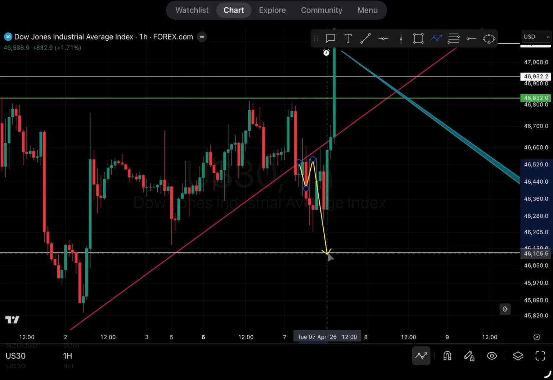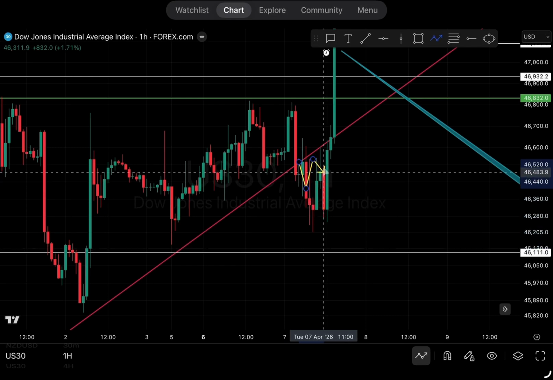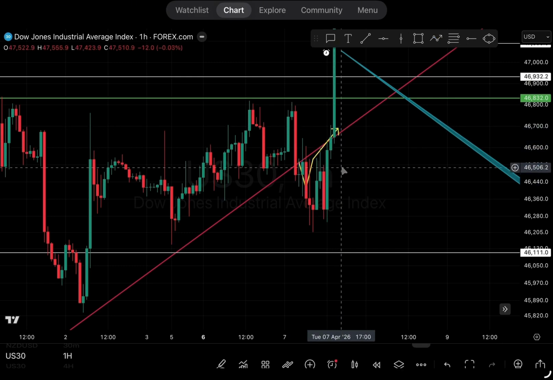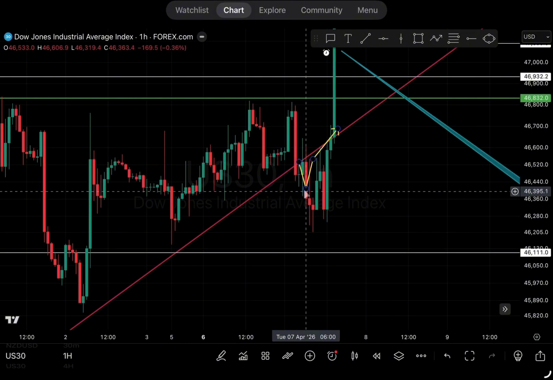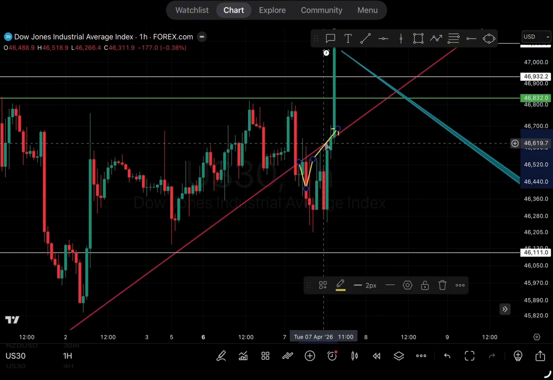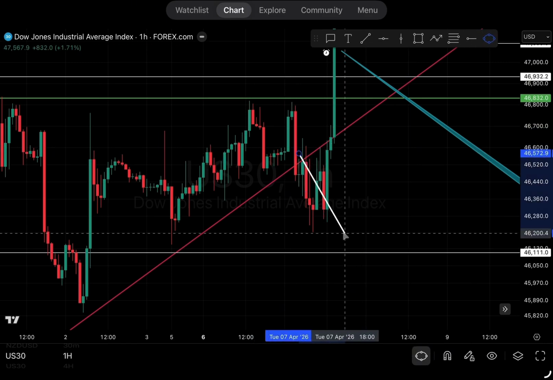But guess what? Instead of the market heading down, it headed down to right here. Then it reversed back into the market. Right, so is this a breakout? Or is it actually a fake out? So this, guys, was fake out number one on this trend.